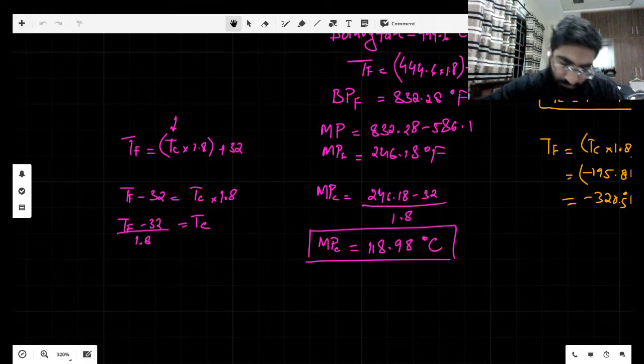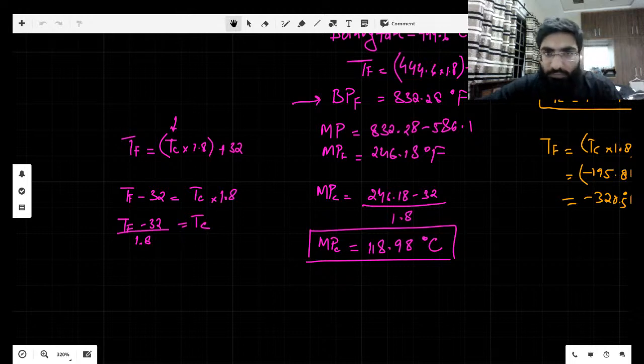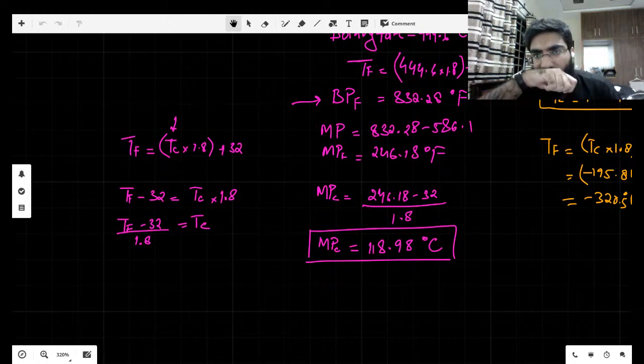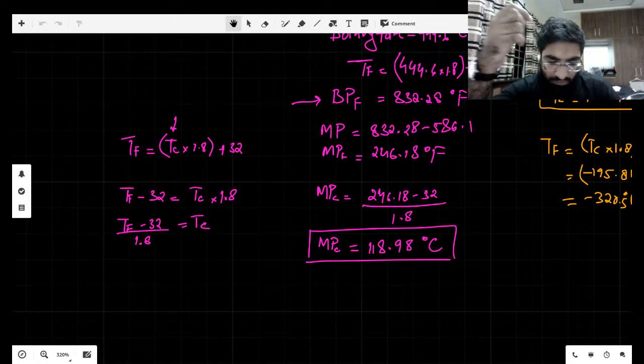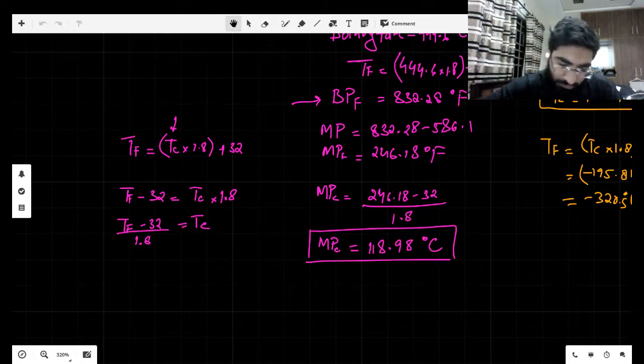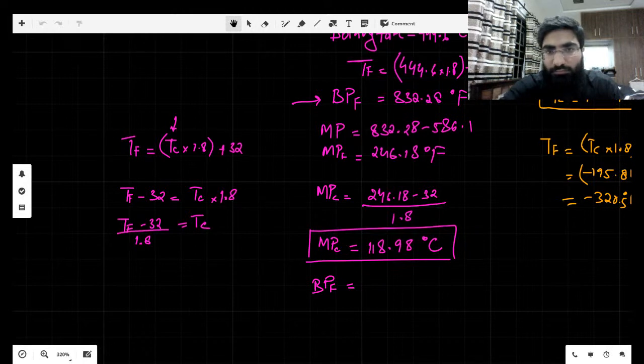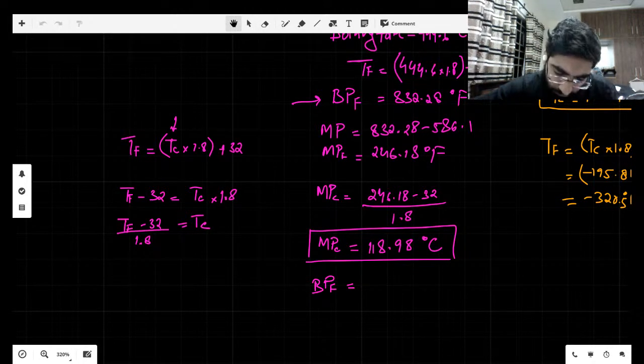Here it is, 832.28, because this was initially given in the question in degrees Celsius. So we have already calculated it. So the answer for part B, the boiling point in Fahrenheit, will be equal to 832.28 degrees Fahrenheit.